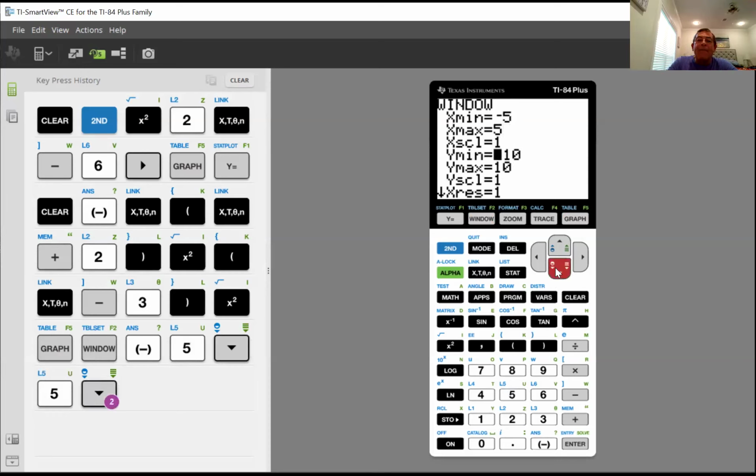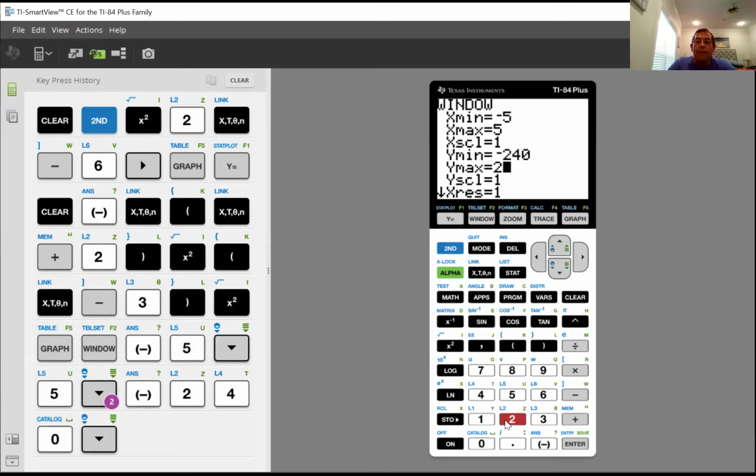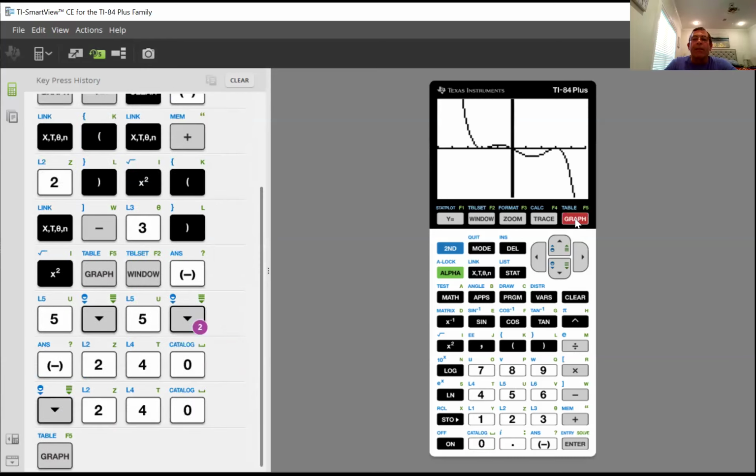The y values, they go from negative 240 to positive 240. So if we set the window like they did, watch what happens to my graph. It's more distinguishable. Okay, so it's going downhill. And at that point, you can sort of tell which graph to pick, okay?